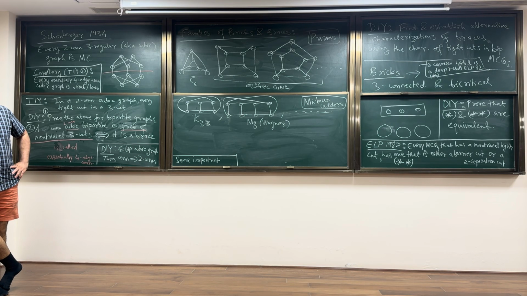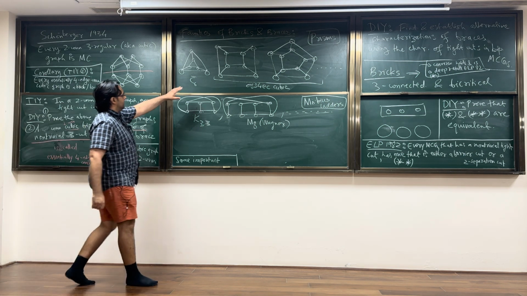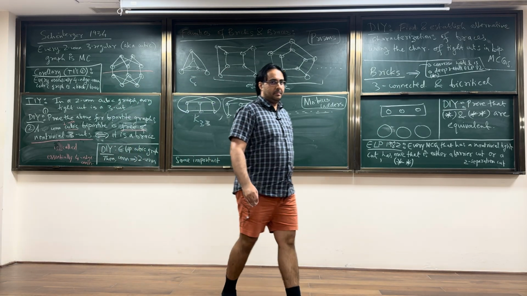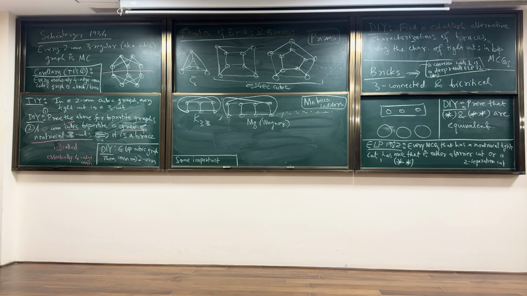So these are 2 families of essentially 4-edge connected cubic bricks and braces. The only exception to essentially 4-edge connected is the smallest prism. Petersen graph, essentially 4-edge connected cubic graph.